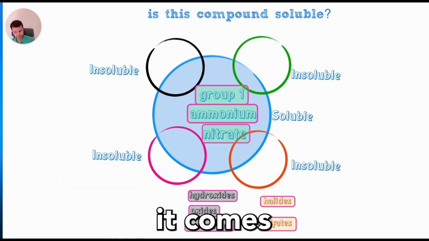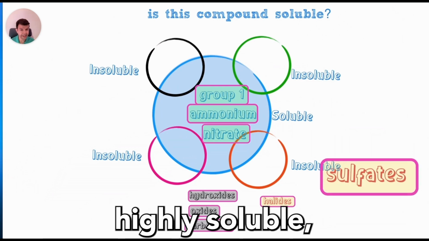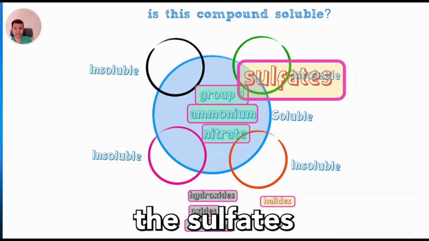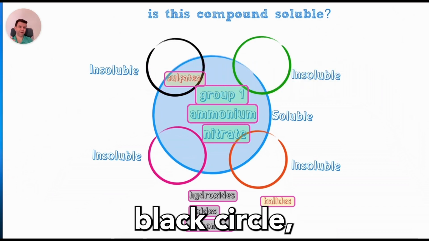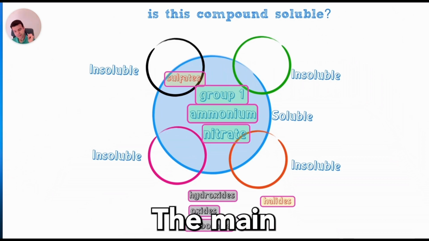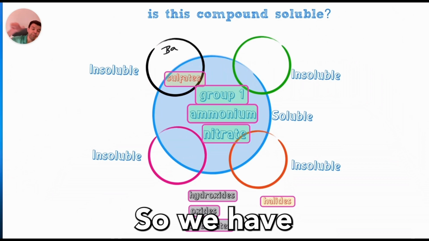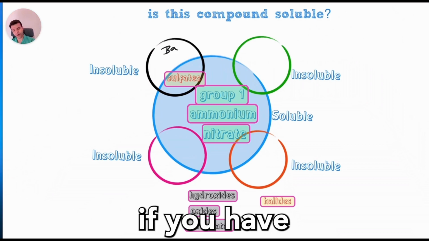Now, when it comes to sulfates, they are highly soluble, but you do have exceptions. So I'm going to put the sulfate into the blue part, but outside, in this black circle, I'm going to put the exceptions. The main exceptions here are barium, so barium sulfate is insoluble.